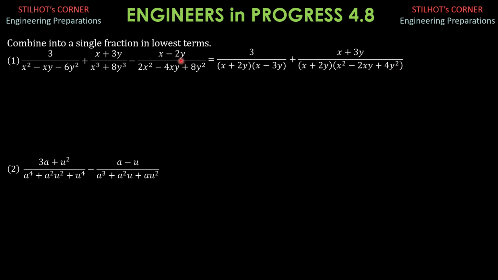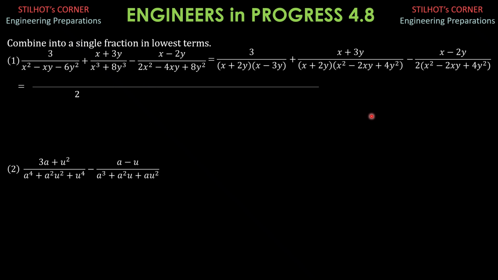Then minus quantity x minus 2y over 2 quantity x squared minus 2xy plus 4y squared. So from here, we see that the LCD is 2 times x plus 2y, x minus 3y, and x squared minus 2xy plus 4y squared.